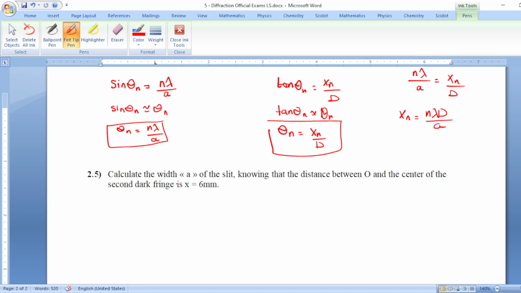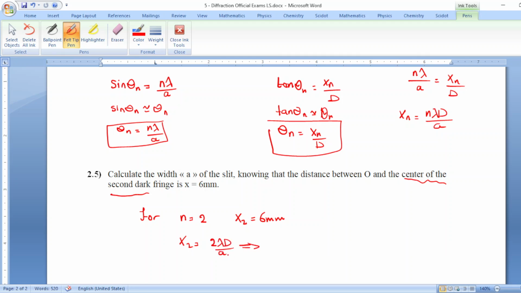Now calculate the width a of the slit knowing that the distance between O and the second dark fringe is x equals 6 millimeters. Since it gave the second dark fringe, or dark fringe of order 2, we can write that xn equals x2 equals 6 millimeters. If xn equals n lambda D over a, then x2 equals 2 lambda D over a.